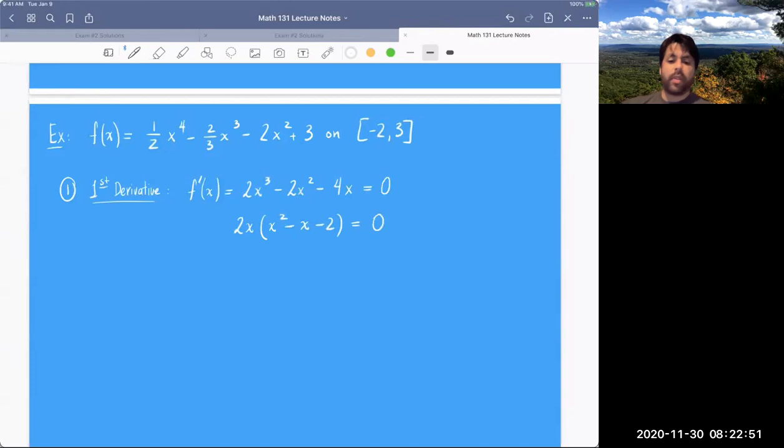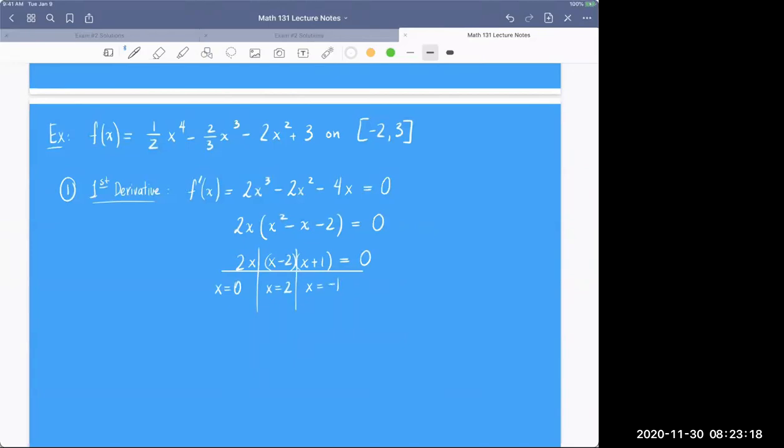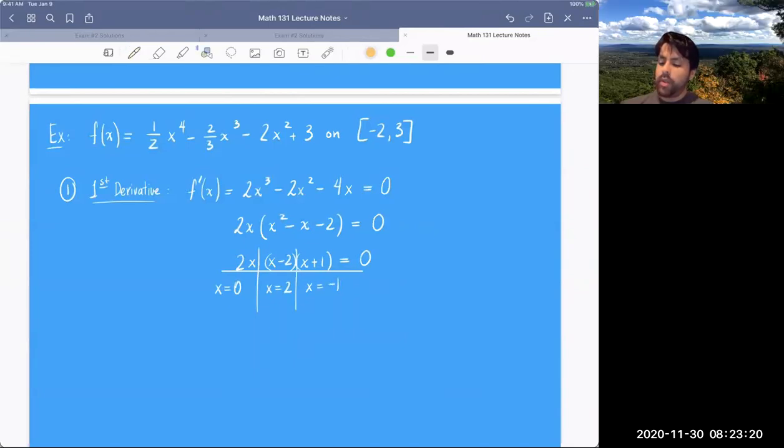I can factor the quadratic a bit more, and I get (x minus 2)(x plus 1). There's a 2x in front. This equals 0. And what do I get? I get that x equals 0, x equals 2, x equals -1. So I have a total of 3 critical numbers.